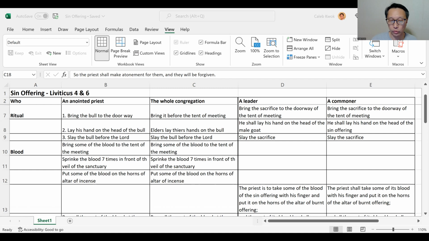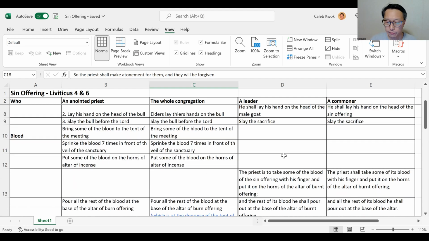This one here, you see the four horns on the altar, right? So they're supposed to put some blood on the horns of the altar. What about the rest of the blood? The rest of the blood, just pour it on the base of the altar, all right? Same thing.